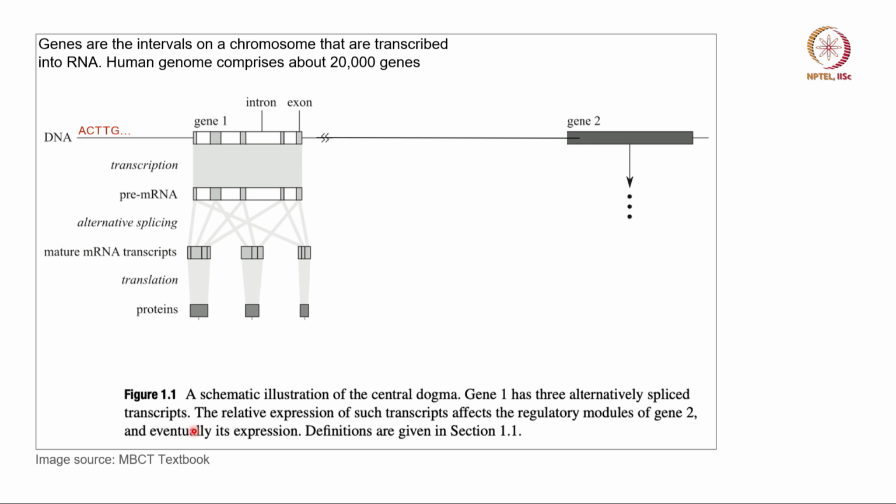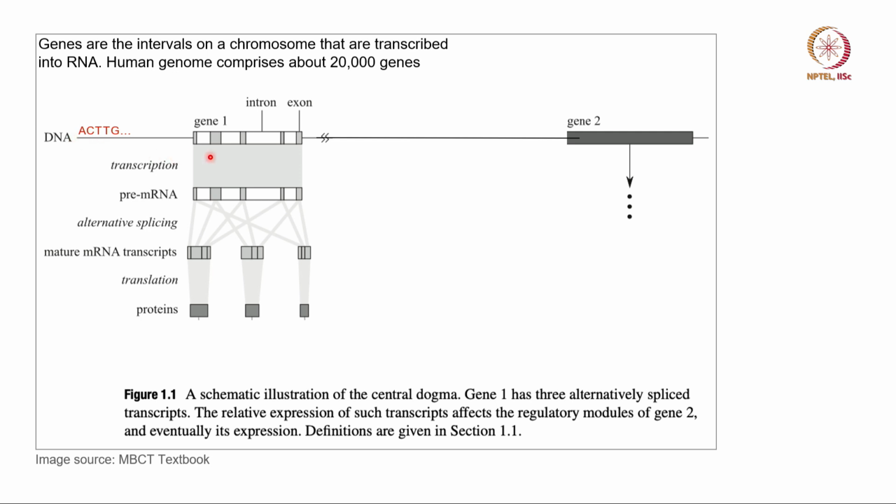Now, going into more detail of how this DNA gets transcribed to RNA and then RNA is converted into proteins, we have to look at the entire DNA sequence. The first important term is the gene.